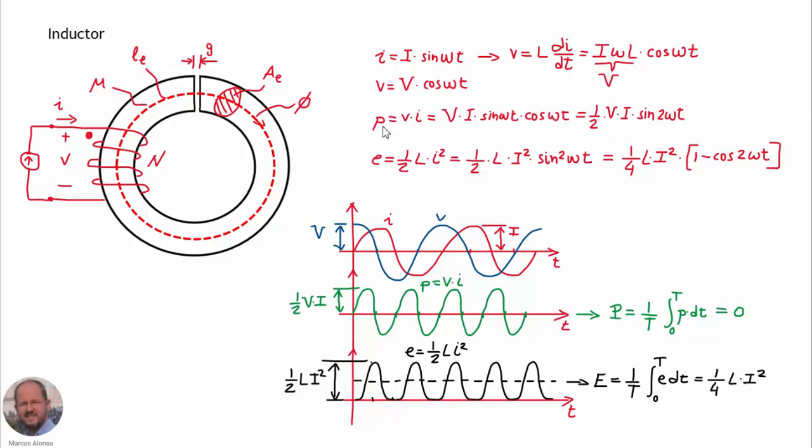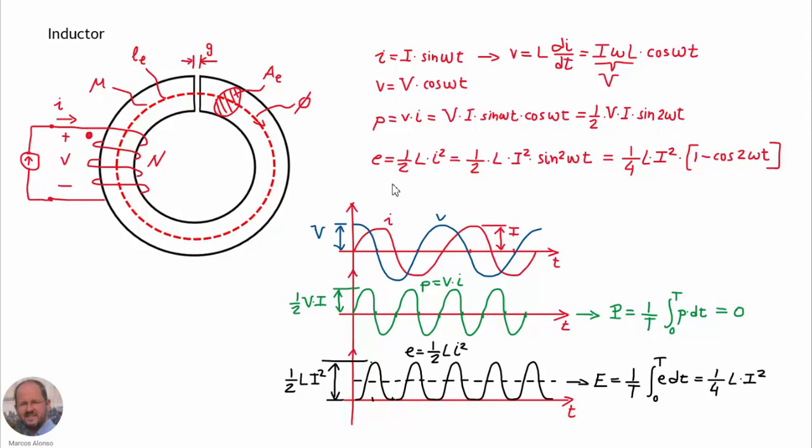We can calculate also the instantaneous power, which is the product of voltage and current. Then we get this expression here. And then using a trigonometrical equivalence, we can say that the power is going to follow this expression here, 1/2 the amplitude of the voltage times the amplitude of the current and times a sinusoidal waveform with twice the angular frequency.